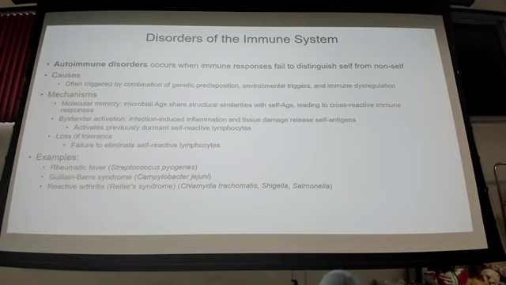Another example of an inappropriate response after a bacterial infection is Guillain-Barré syndrome caused by Campylobacter jejuni. Campylobacter jejuni is an enteric pathogen. It's not the only pathogen that can stimulate the body to start attacking itself, but it's probably the most commonly implicated infection that causes Guillain-Barré.